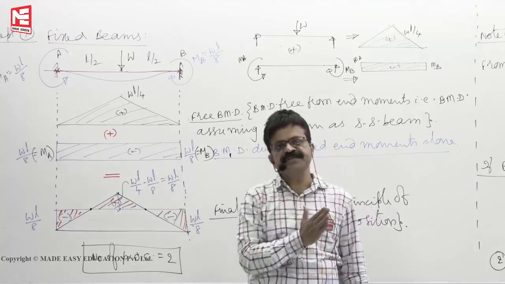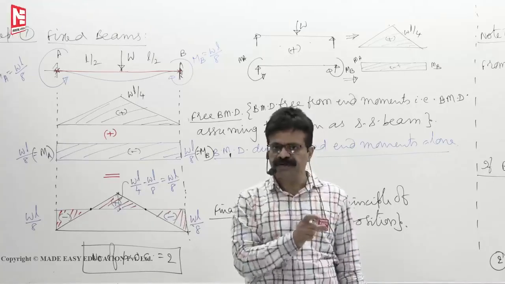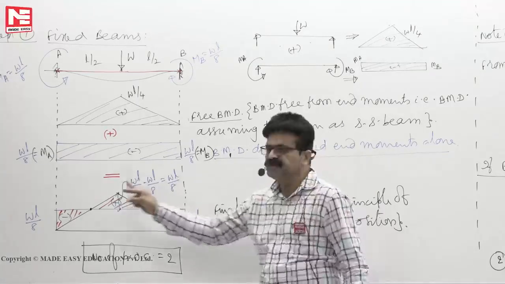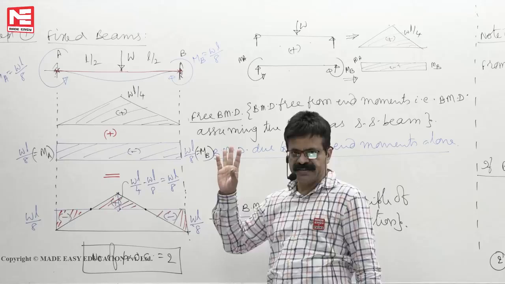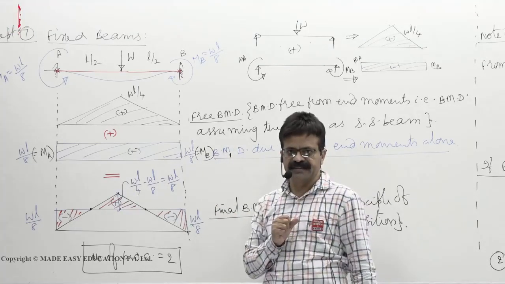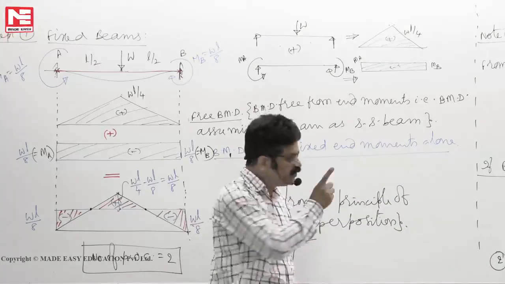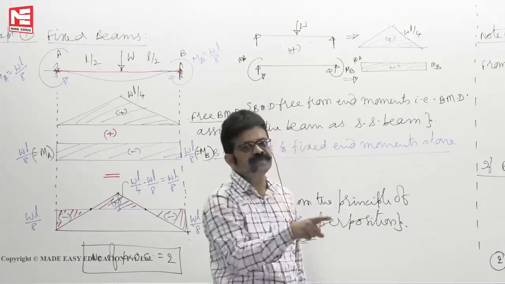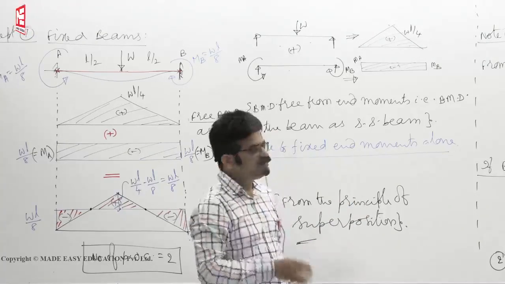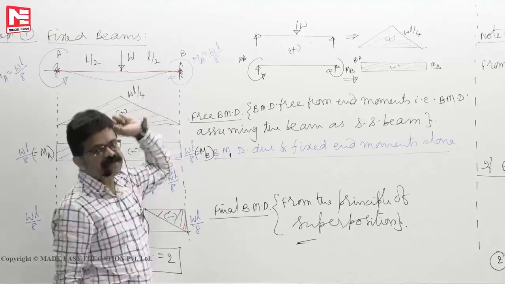To know in what sequence plastic hinges will form, we must know the magnitudes of the moments. Then you will know where the first hinge will form and where the second will form. That's why I have given you the positive and negative bending moments. If the beam is subjected to a central point load, they are equal. So this is the information for the fixed beam subjected to central point load.